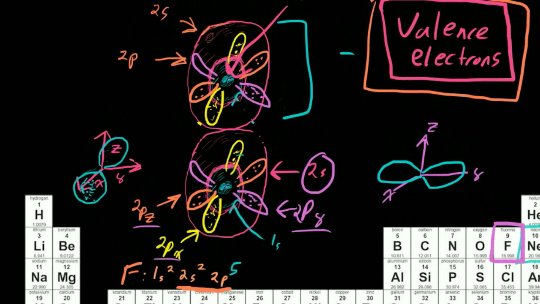And essentially what we are going to find out in this video is that these electrons, our 2s2 and our 2p5 electrons, are our valence electrons. These are our valence electrons for fluorine.